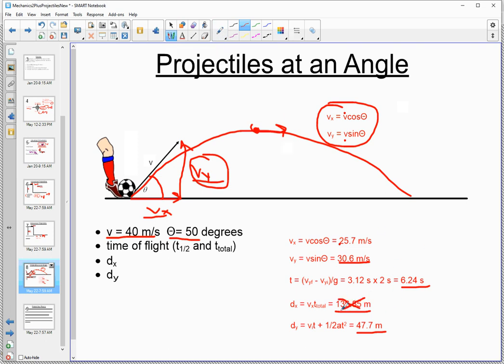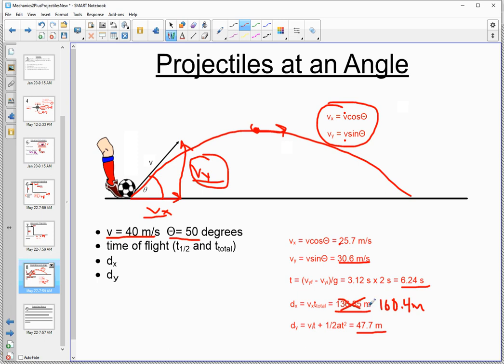The dx is going to be vx, which is the 25.7 times the 6.24, which is about 160.4 meters. Sorry about that. 160.4 meters. And your dy will be vit. Of course, the vi is the 30.6 meters per second.